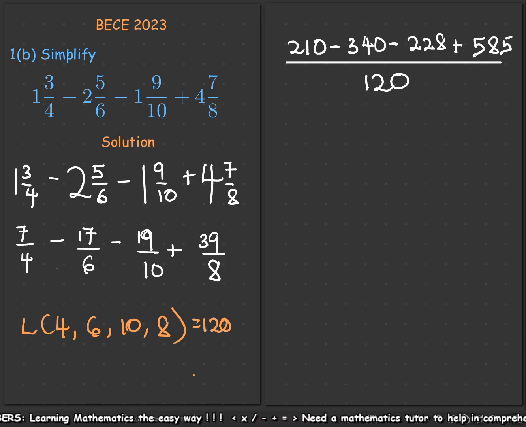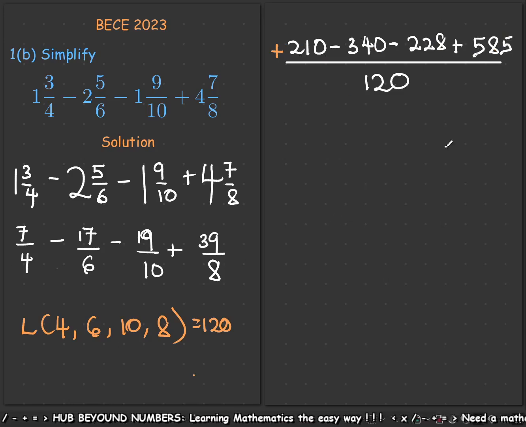So with all this written, we now do our evaluation. We now evaluate the numerator. To make things simple, you know we have a positive number over here, right? So this is positive 210, a negative 340, negative 228, positive 585. So let's do a rearrangement so that we can add all the positive and then work on the negatives as well.